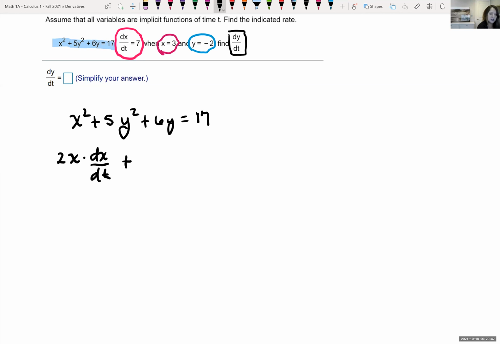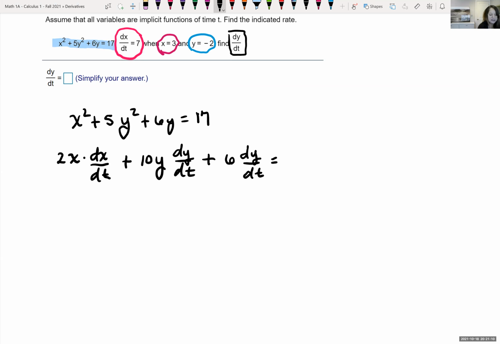Plus, now let's take the derivative of 5y squared. The derivative of 5y squared is 10y, but y is a function of t, so we're going to write dy/dt. Plus 6 times y, the derivative of that is just 6, but that was the derivative of y with respect to t.